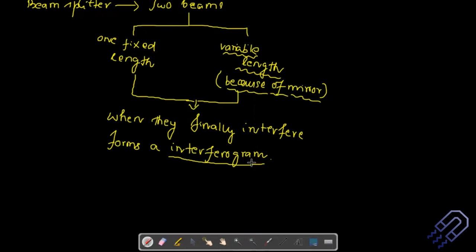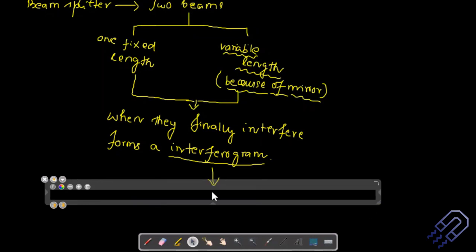So if we have two beams in an FTIR system coming and interfering at a certain point, we are going to get an interferogram. What is this interferogram all about? That is important: how they are formed and what kind of information they provide. Let me write down one line here. It is a unique property at every point. What is this property dependent on?